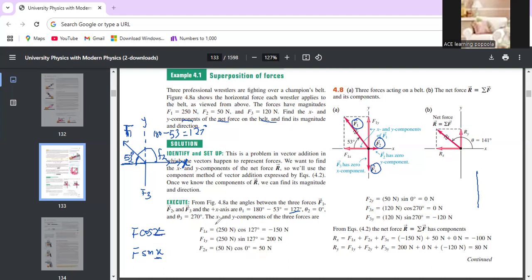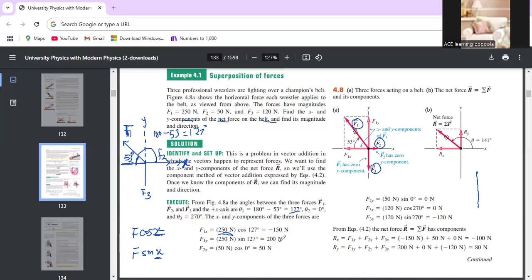Do not be confused. So starting with the first force, which is the vector here, we'll resolve it into its vertical and horizontal components. That's what has been done here. This is the first force, 250 cos 127, which is the angle it makes with the horizontal line. Doing that gave minus 150 Newton.